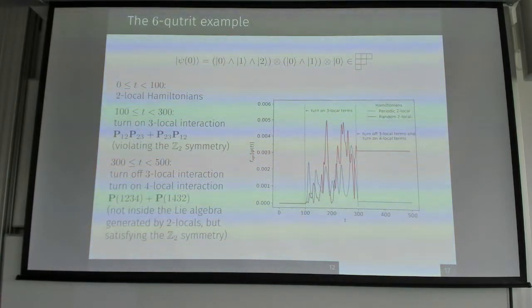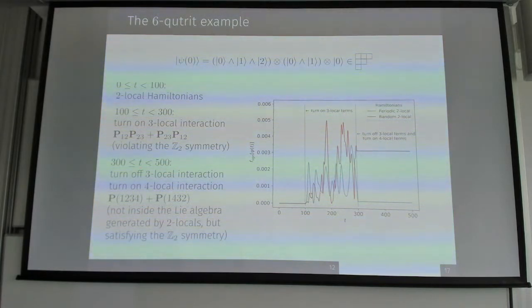We first just use two-local Hamiltonians, and we indeed see it's conserved. In this plot, we use both periodic two-local Hamiltonians and random two-local ones, so they don't make a difference. Then we turn on the three-local interaction, which violates the Z2 symmetry. Then the quantity is no longer conserved.